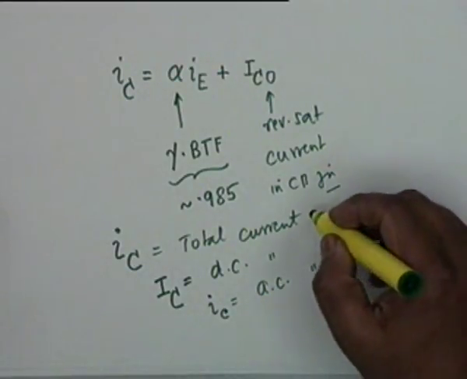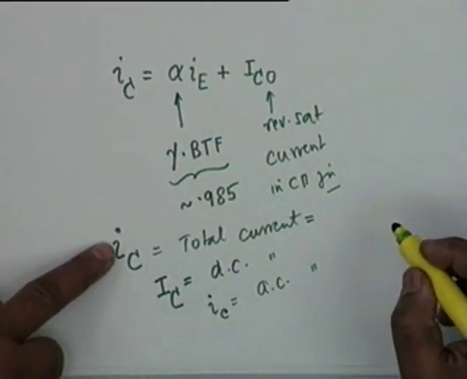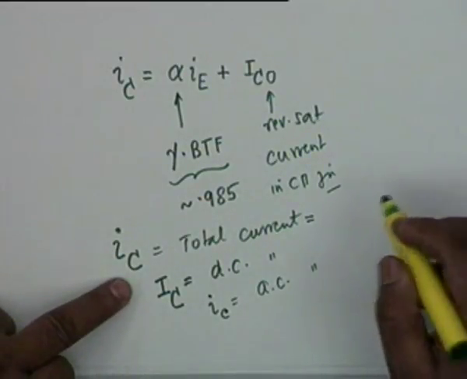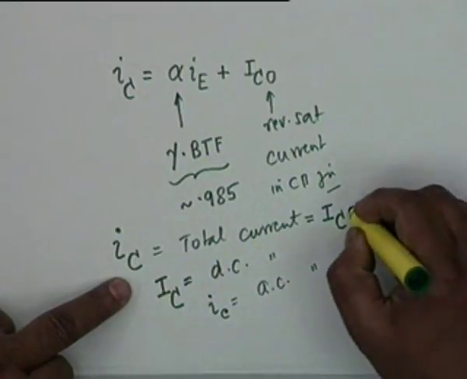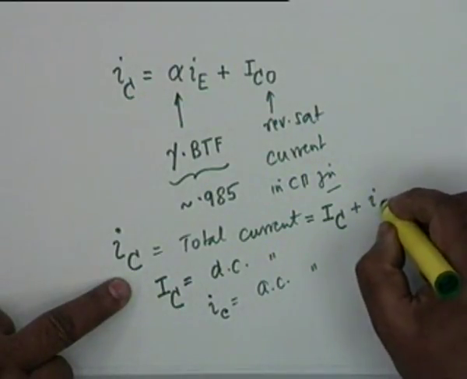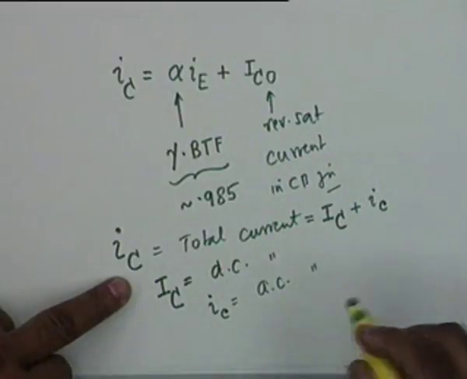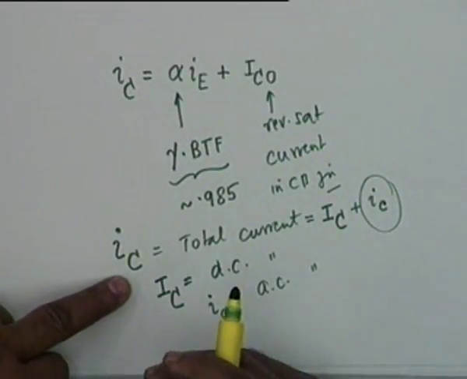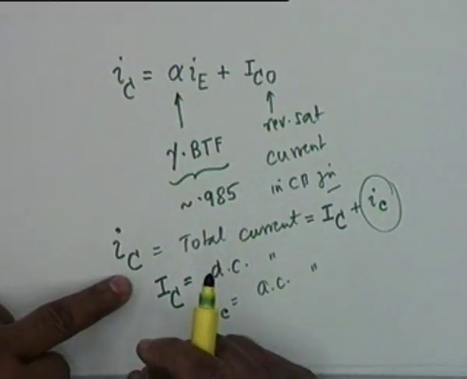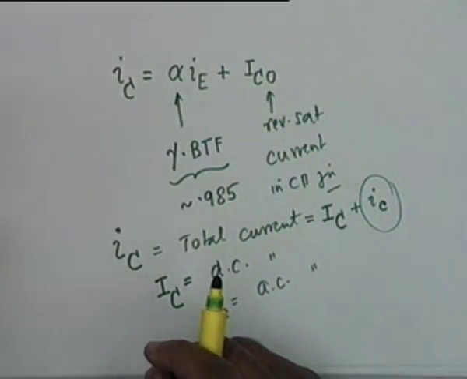And therefore, small i subscript capital C shall be equal to capital I subscript capital C plus small i subscript small c. It is this part of the current which will be of interest to us throughout the duration of the course, that is the incremental part.